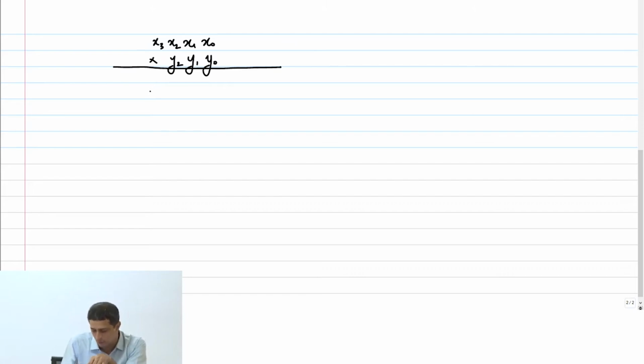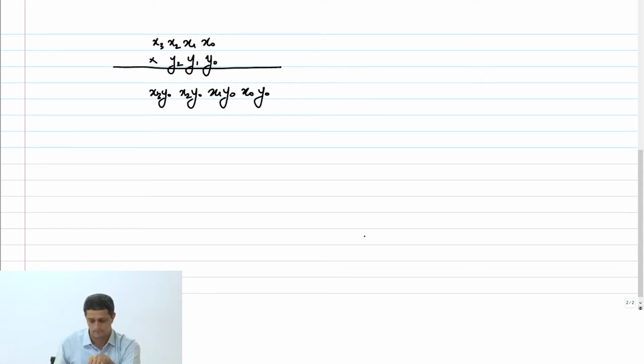The first term will be x3 y0, x2 y0, x1 y0 and x0 y0. What's the second term? It's basically just a shifted thing. You have to shift this term by one bit and add. It's a shifting and adding process that we have to do here.